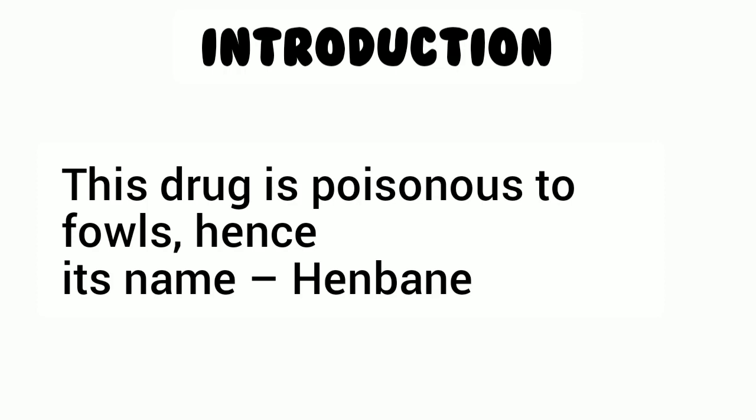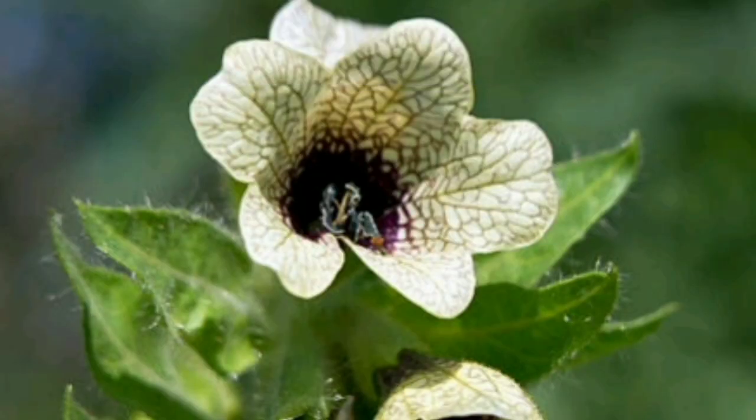This drug is poisonous to fowls, hence its name henbane is very appropriate and correct. It is one of the three trios of delirium. The others are belladonna and stramonium. Hyoscyamus is very poisonous in its crude form.